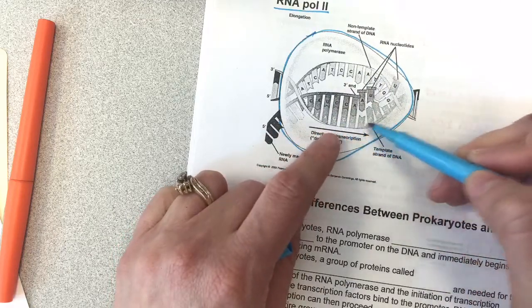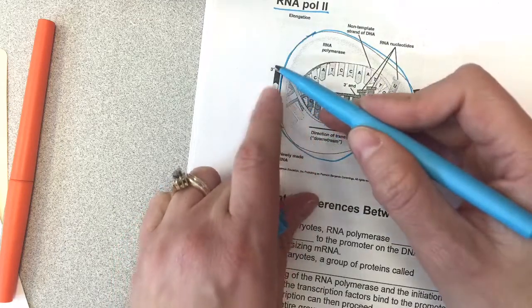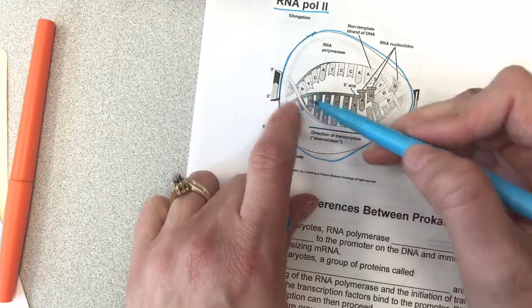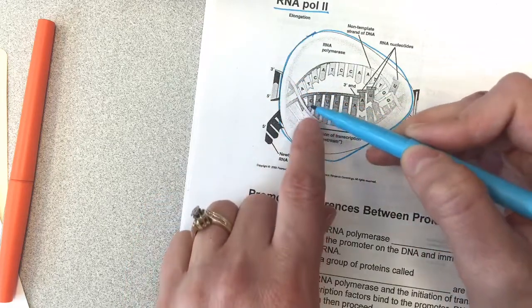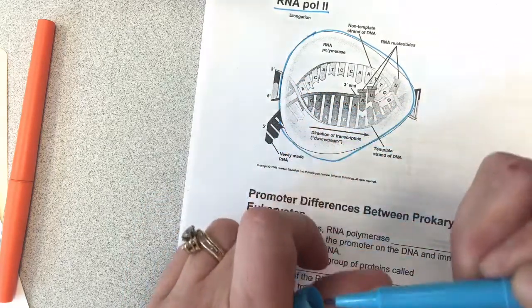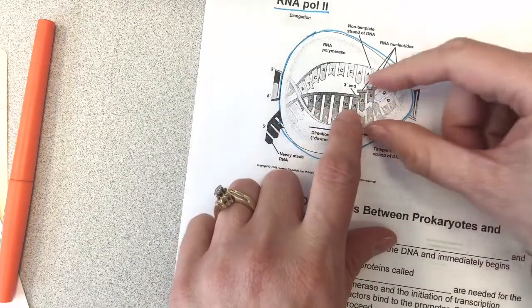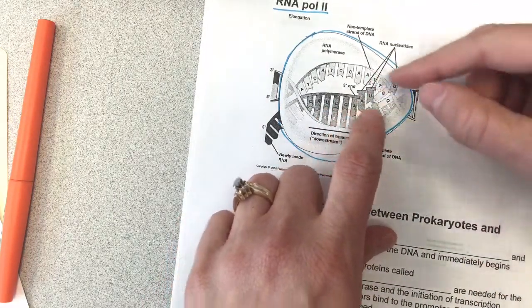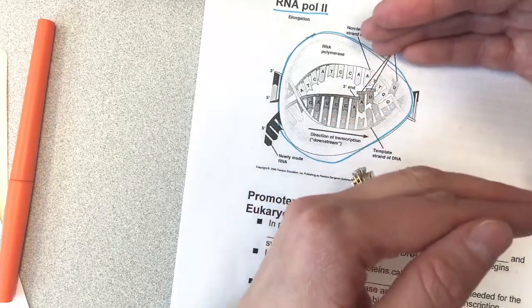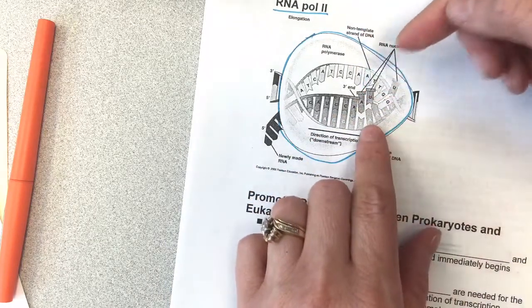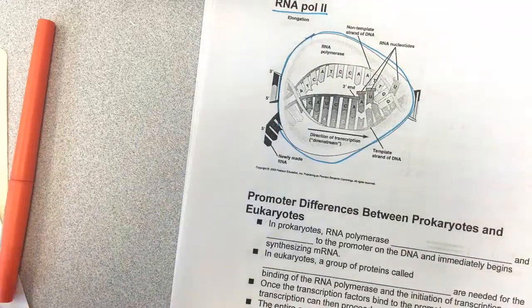This side is the template strand. It's the 3' end of the DNA, and so the mRNA is going to be made in the 5' to 3' direction. As RNA polymerase moves along the DNA molecule, it unwinds and untwists and breaks apart the two sides of the DNA and adds the appropriate nucleotides.